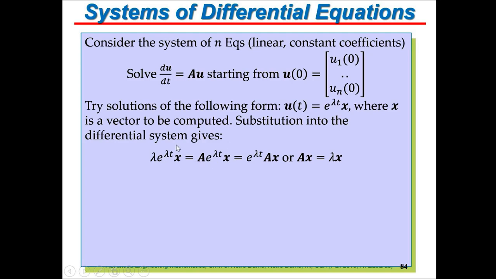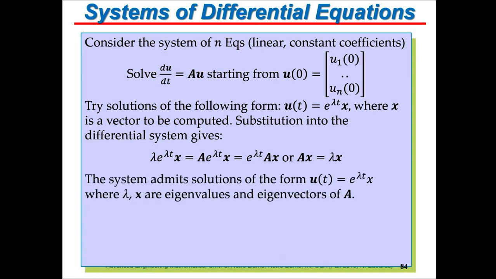So e to the lambda t cancels out, and effectively what we get is Ax equal lambda x. So immediately you can see that the solution to this system of differential equations with linear coefficients has the general form e to the lambda t x, where lambda and x are the eigenvalues and eigenvectors of the underlying matrix A.